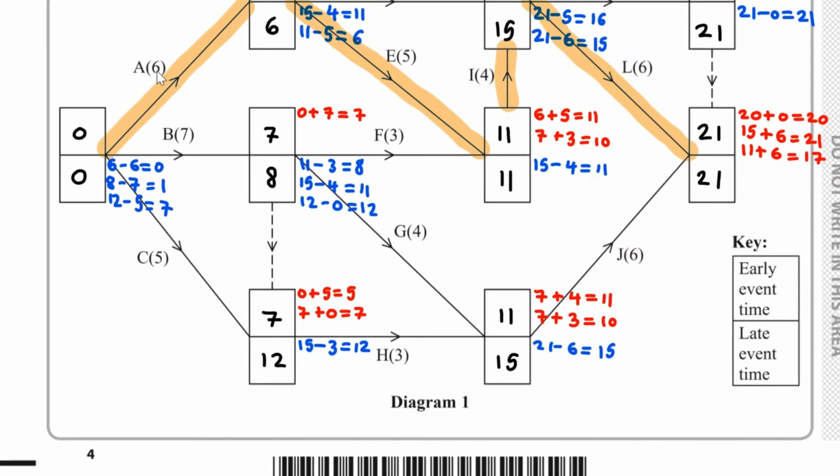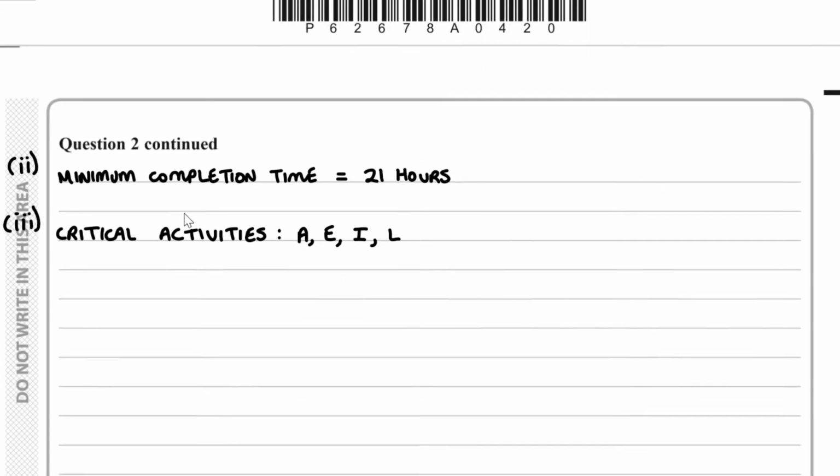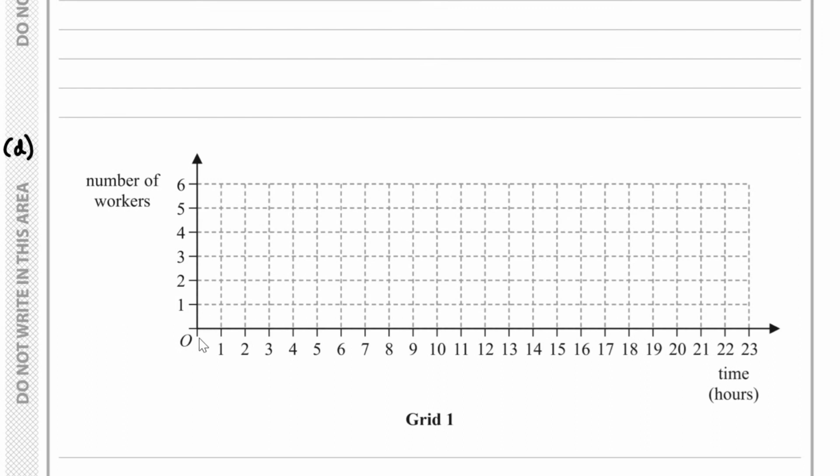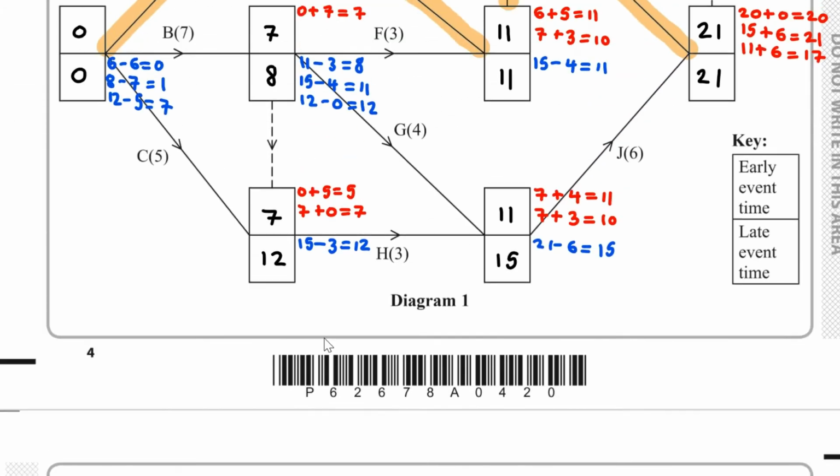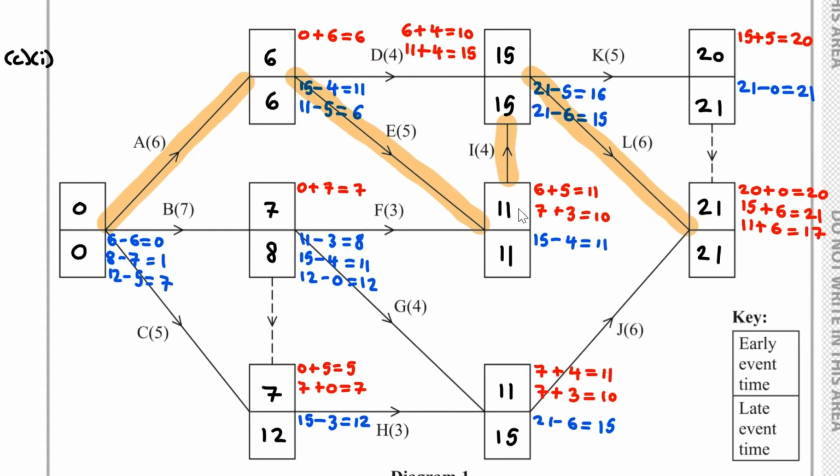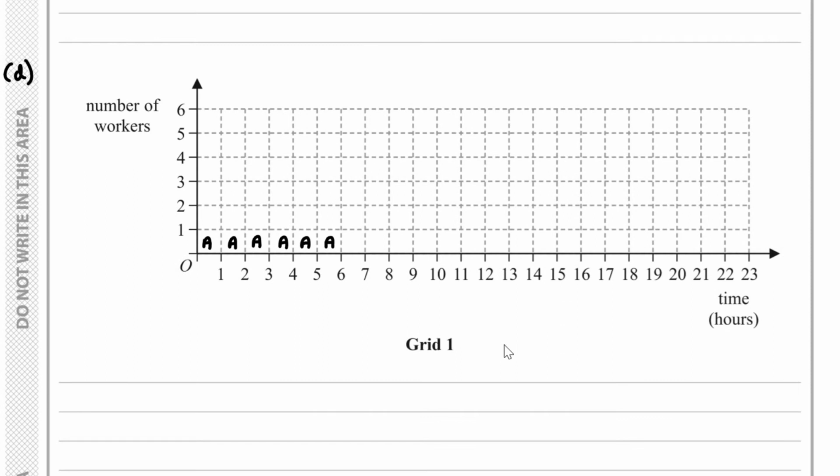If we take a look at A to start off with, A has duration 6. So we have here A with duration 6. So that's filled in. Then we have E, and if we take a look at E, that has duration 5, and this takes us up to 11. So now we have E, which takes us up to 11.